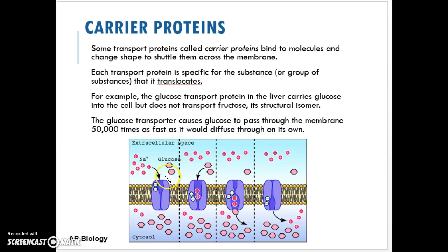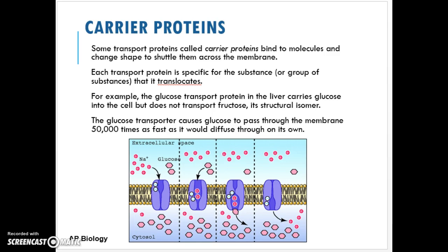You can see here the glucose protein in the model, showing how glucose is actually binding to the protein, and that is allowing it to change shape through the middle and allow that glucose to then pass. We'll talk a little bit more about co-transport, but that is also occurring with this type of carrier protein. So that's why you actually see these little aqua-colored molecules there.